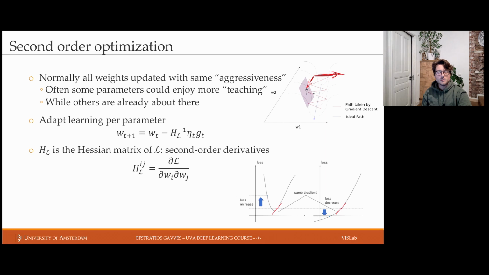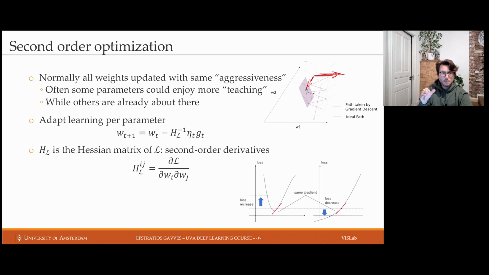An idea is to use the second order derivative, the curvature, so basically the rate of change of the first order derivative, the acceleration, how fast our gradient changes.